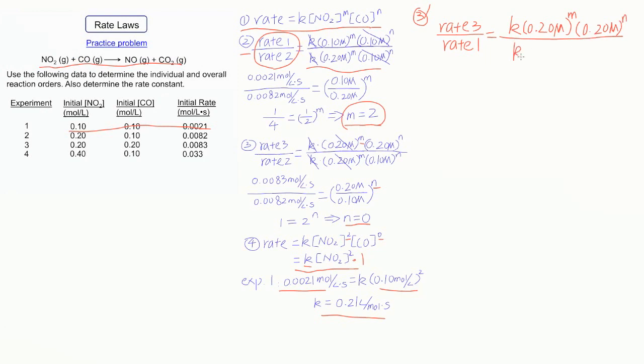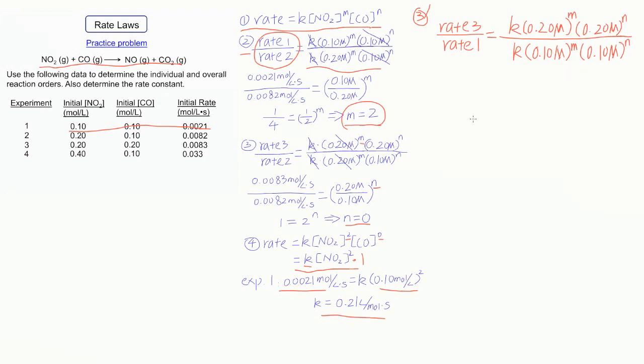And the bottom part, the concentration of the NO2 from experiment 1 is 0.10 mole per liter to the m, and the CO concentration is 0.10 mole per liter to the n.